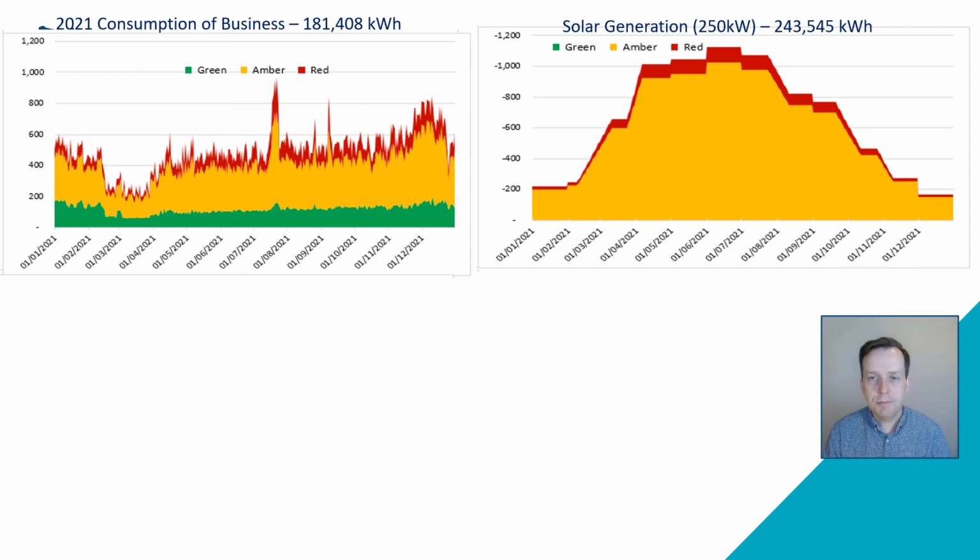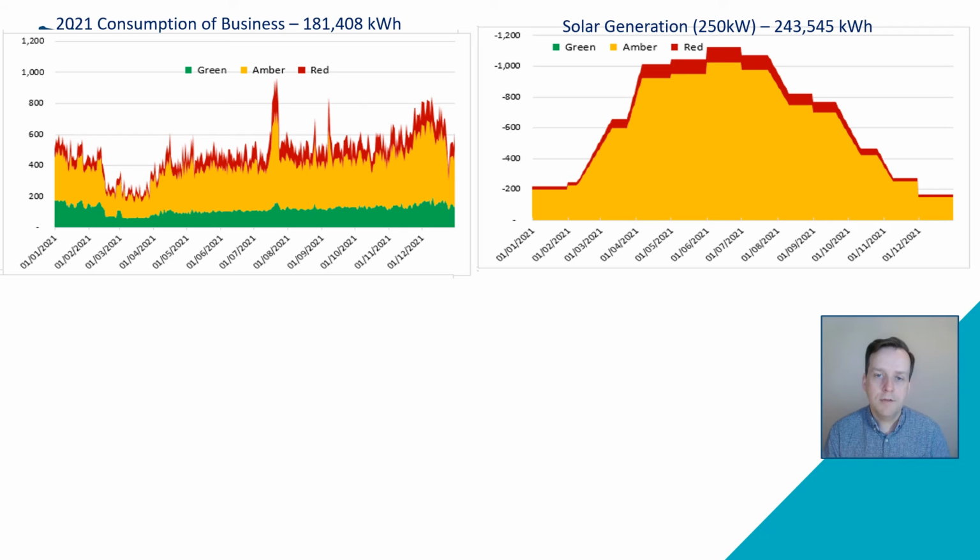So again, you can see the profile according to amber. Naturally there is no green generation because green is effectively nighttime. So the bulk of the generation from solar occurs in the amber periods, and this would be typically between the morning into early afternoon.